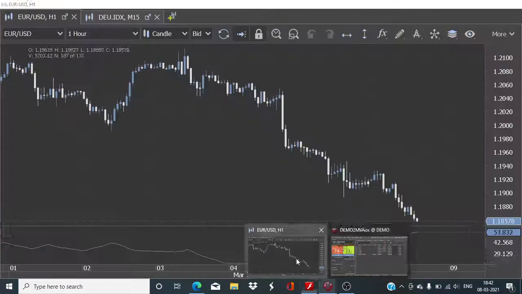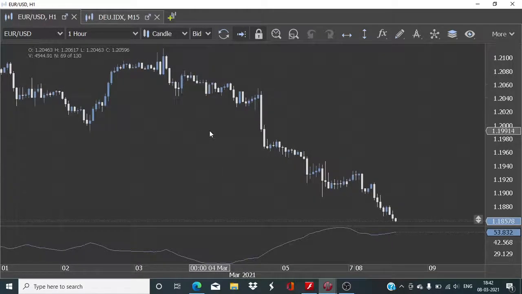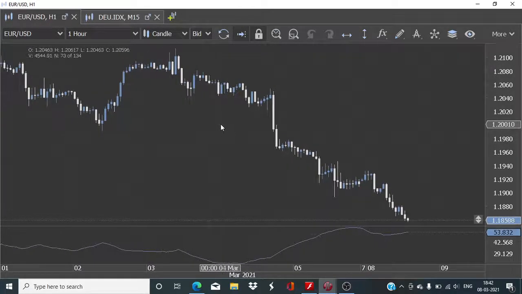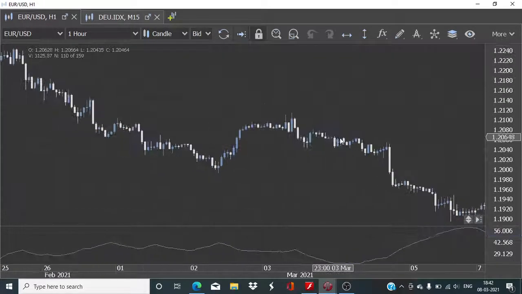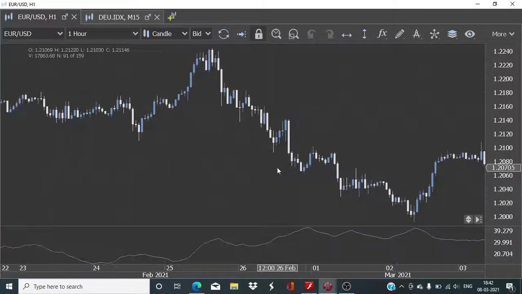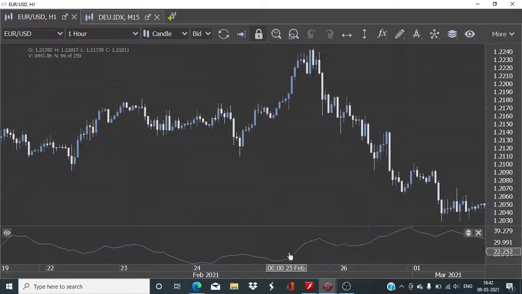Now I will explain to you the logic behind the execution of the buy trade, which we will define in today's session. So whenever we want to execute the buy trade, we will look at the ADX value, and for that the ADX value should rise above 25 from below 25, and at the same time the last hourly candle close should be above the hourly candle close 5 hours back.